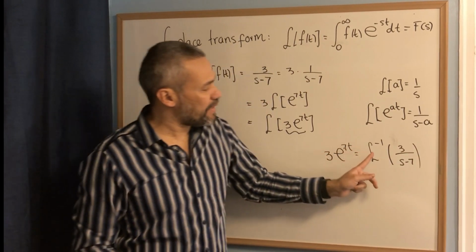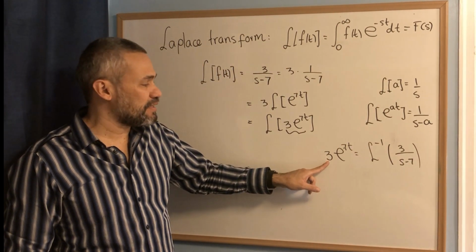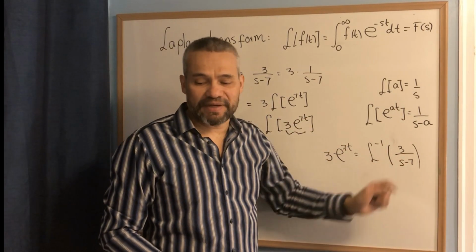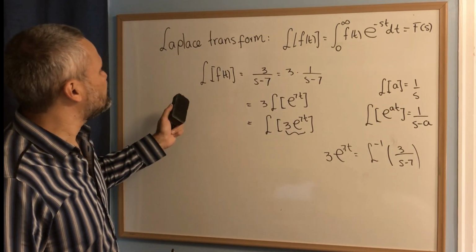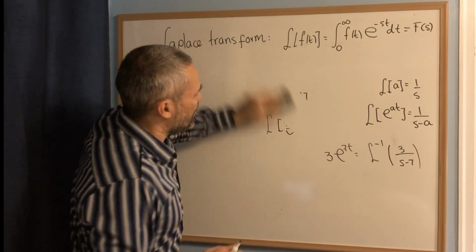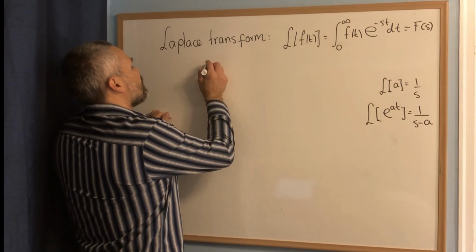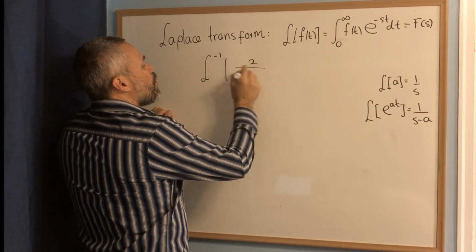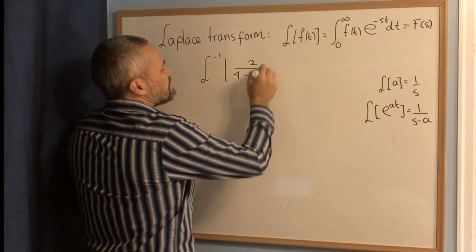Then the inverse Laplace transform takes a function in terms of s, and it produces a function in terms of t. The Laplace transform takes a function in terms of t, and it produces a function in terms of s. In here, we need to do a lot of rewriting. Let me do another example. Let's suppose that we want to compute the inverse Laplace transform of the function 2 over 4 minus 7 times s.